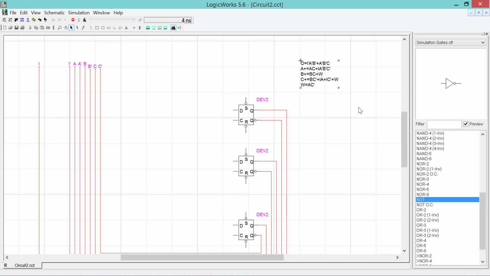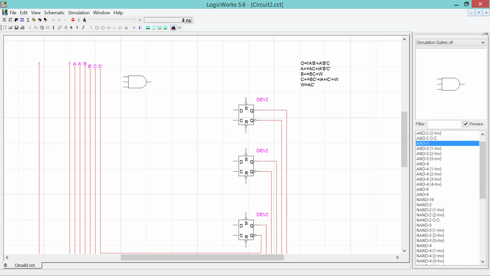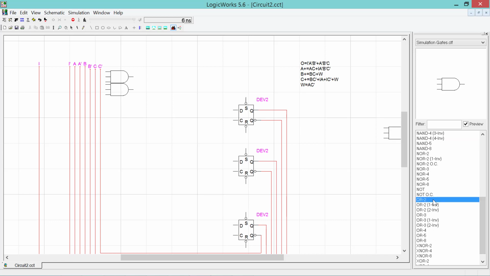Let us develop the output O. Output O. We have 2 3-input ANDs and a 2-input OR.